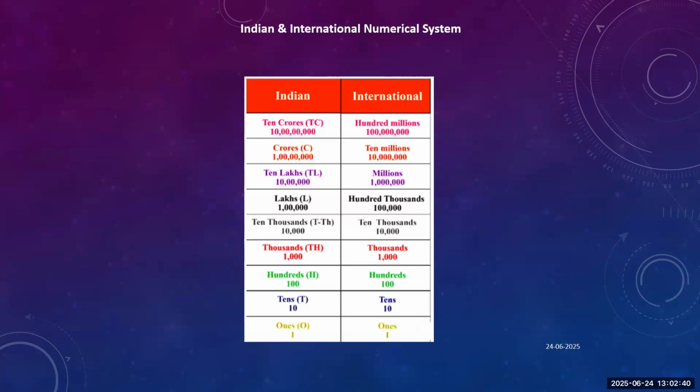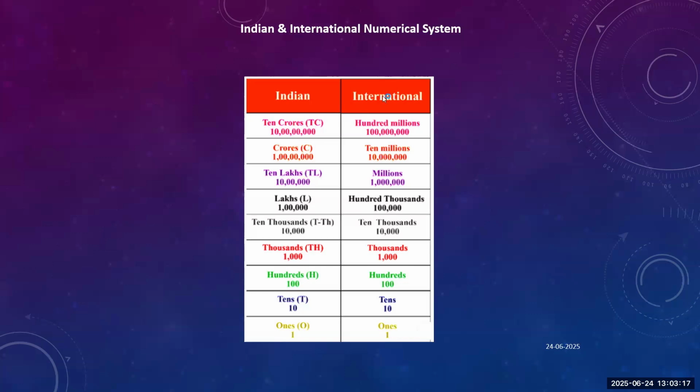I wanted you to understand, that is why I did not put everything. 10 million is a crore. 100 million is 10 crore. 1,000 million, which is called a billion, is 100 crores. That is all. Just note it down for your understanding.